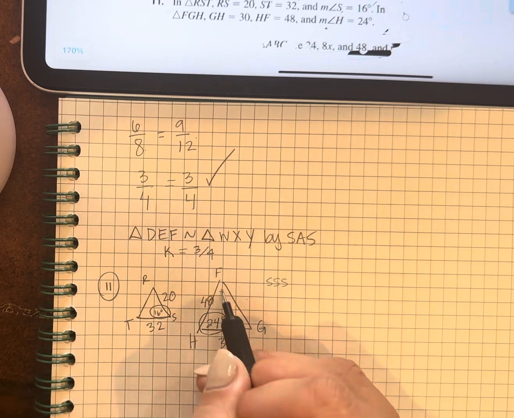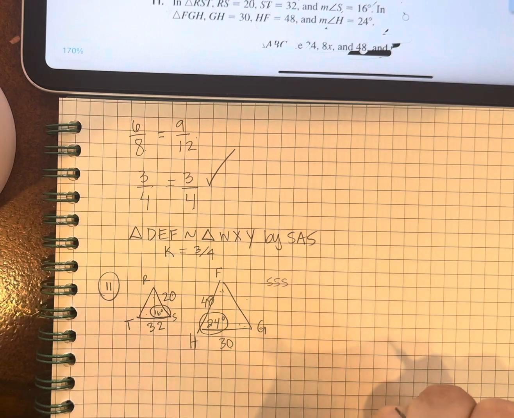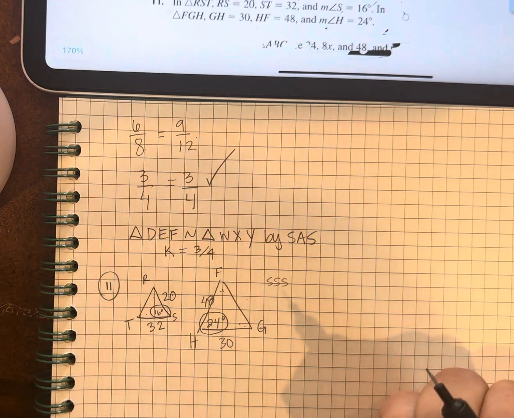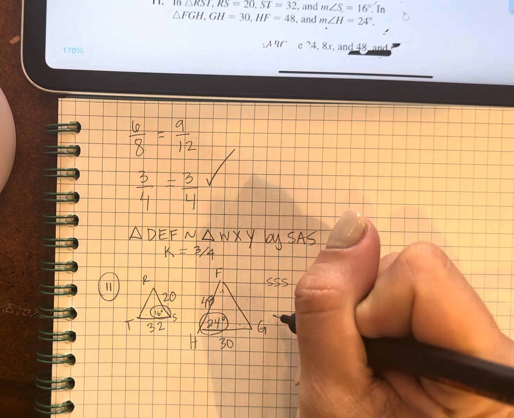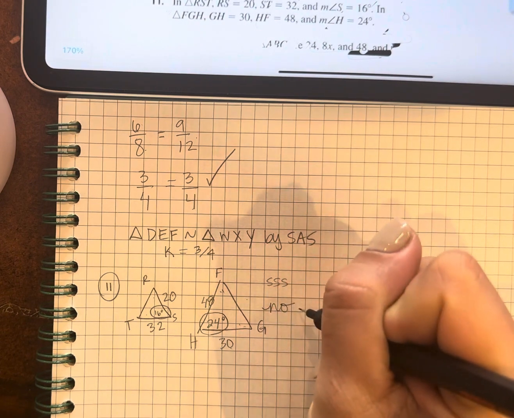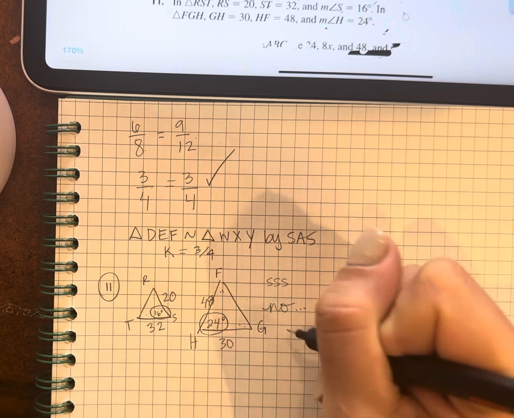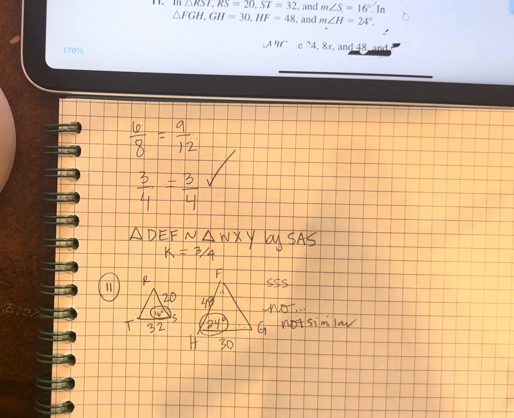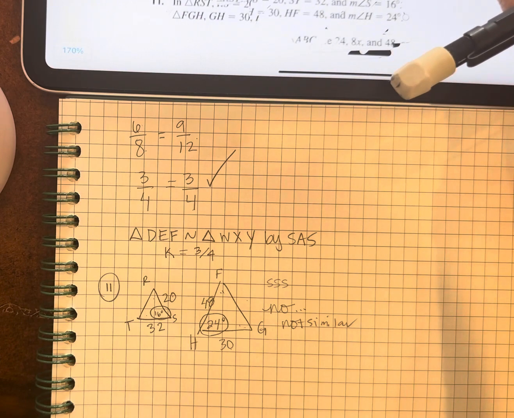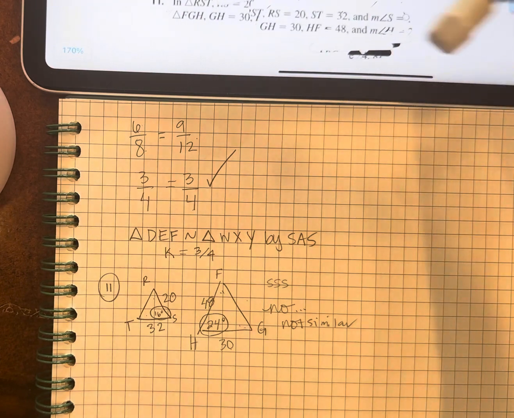And I can't find the other 2 because that's too many missing angles. I can only find 1 missing angle. So I would say no. You really didn't tell me anything in this problem. Nope. Not similar. Or at least not enough information to be able to tell if they're similar.